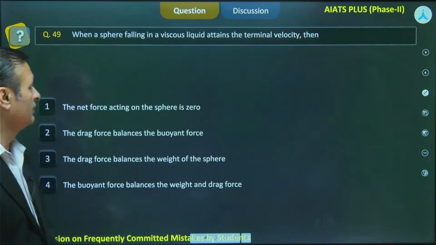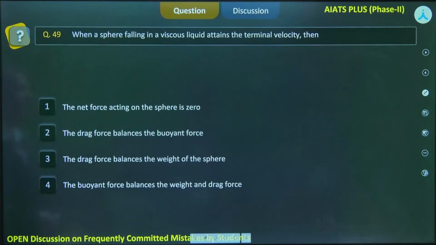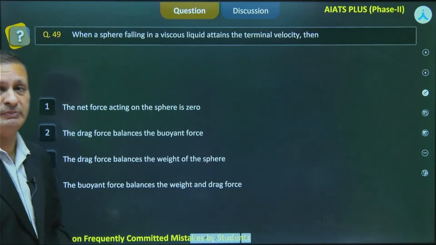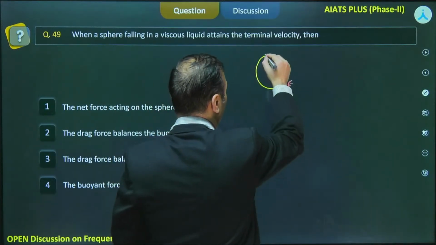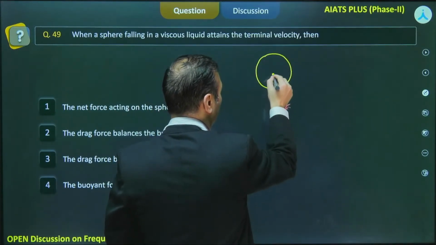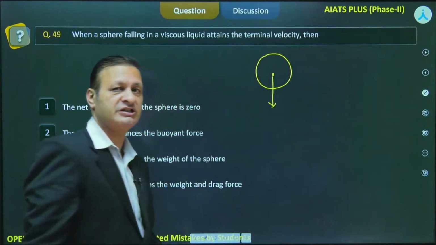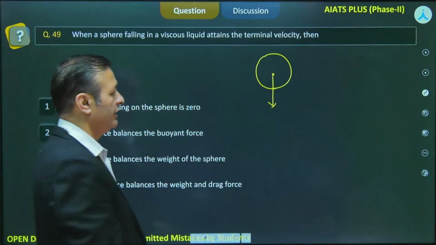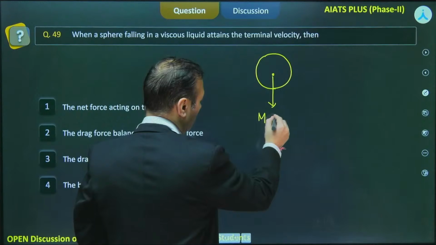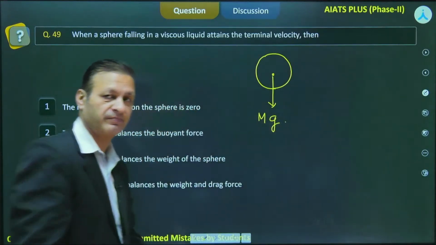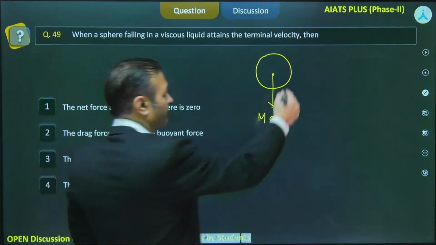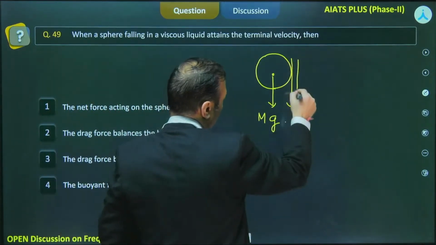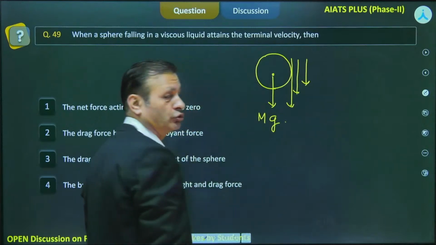Now we have a question: when a sphere falling in a viscous liquid attains the terminal speed. Whenever you allow a spherical body to fall through a viscous medium, initially it starts falling purely because of its weight, and with the speed it gains, these layers come into relative motion, relative sliding.